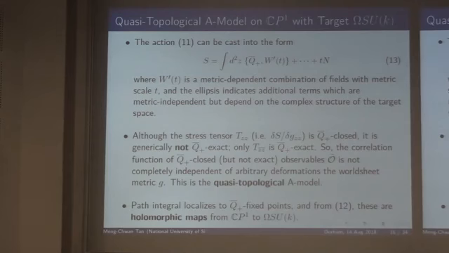This has non-trivial consequences, and that's where this model is quasi-topological and not topological. In other words, it is non-trivial in Q homology. This is an important point. Now you look at the other guy, the anti-holomorphic one, the variation of S with the variation of G z bar z bar. This guy is Q exact, which means it's trivial in homology. In a topological theory, both T z z and T z bar z bar are Q exact.